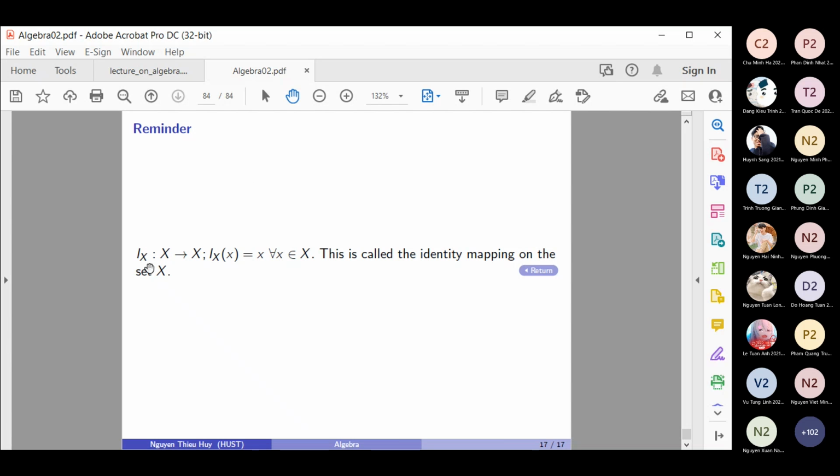If you replace x by y, then you have I_Y from Y to Y, I_Y applied to small y equal to y, for all y in capital Y. It is considered on any set.